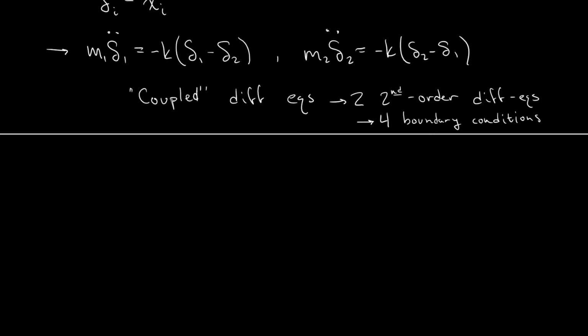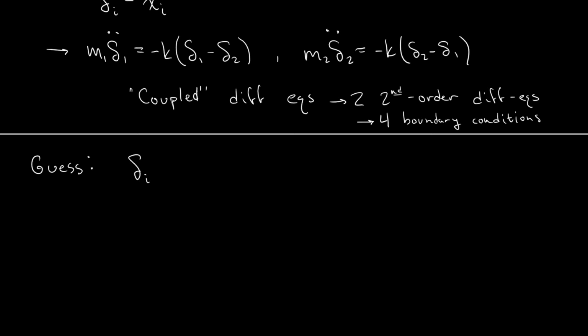So we might guess the solution. And in particular, to simplify everything as much as we can, we'll even go so far as to guess that all of the masses in our system oscillate at the same frequency. Obviously, this isn't always going to be the case, but it's a particularly simple case that we can look at.